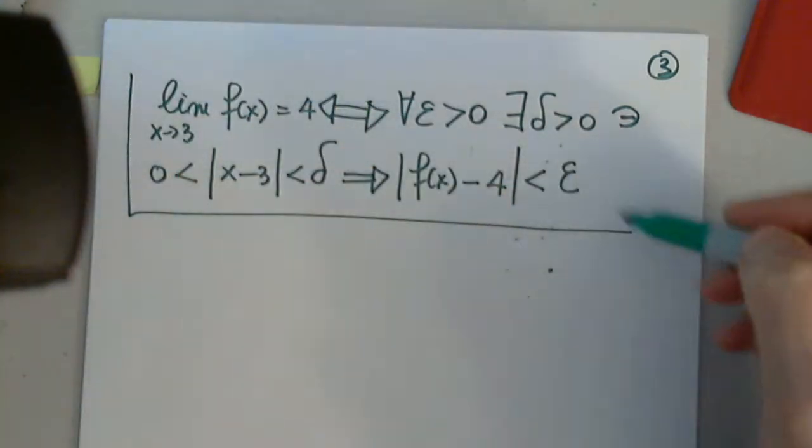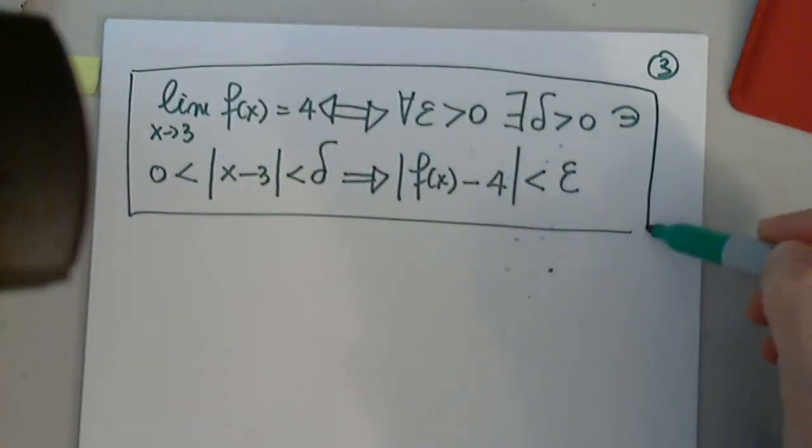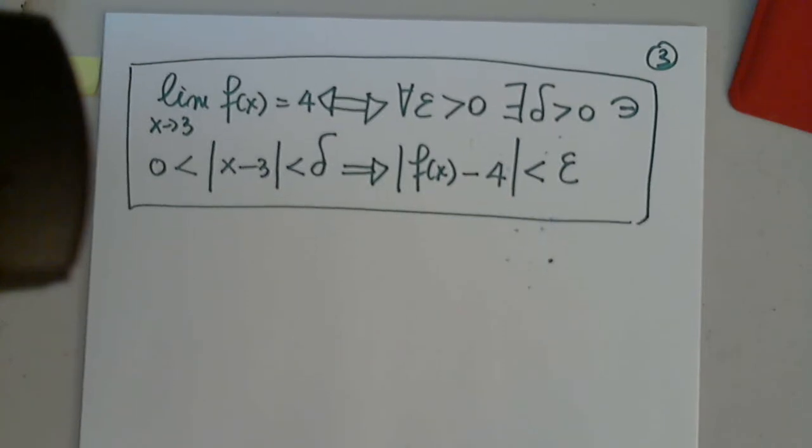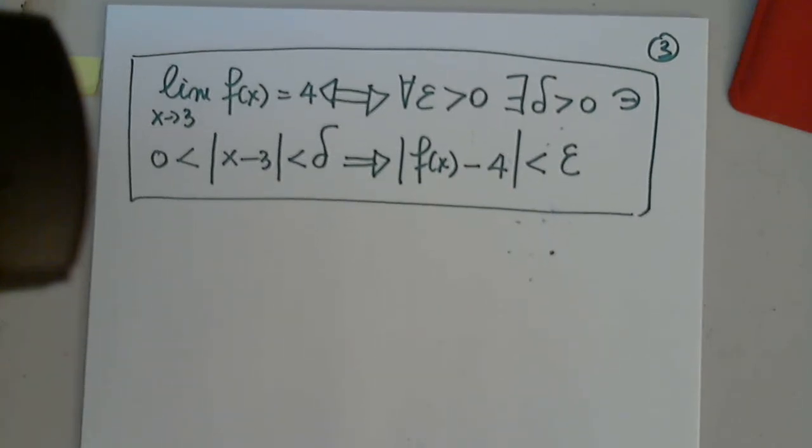So this is the epsilon-delta definition of the limit, also called the precise definition of the limit.